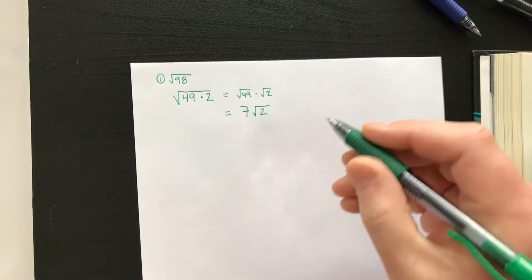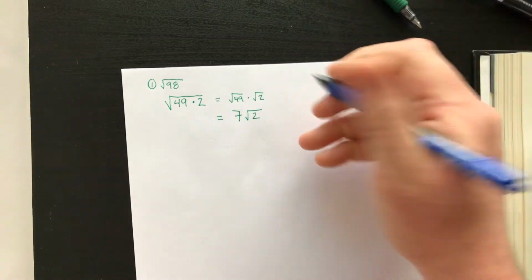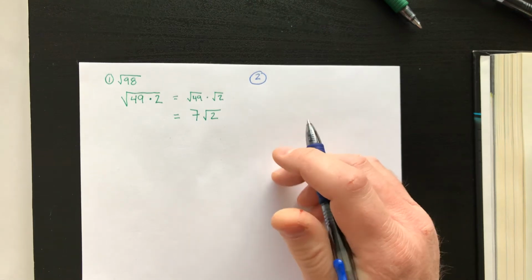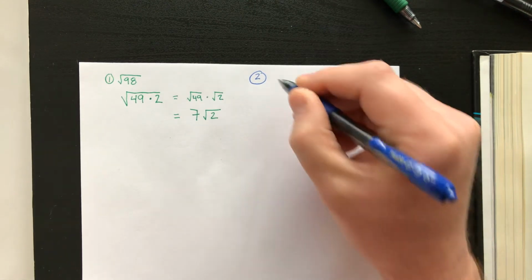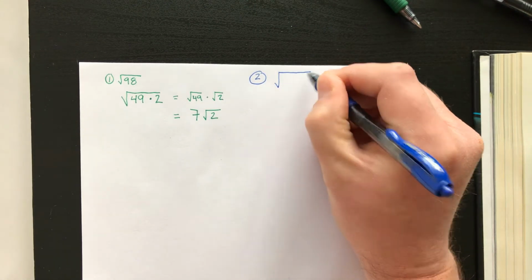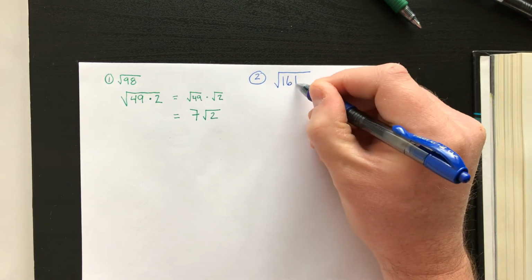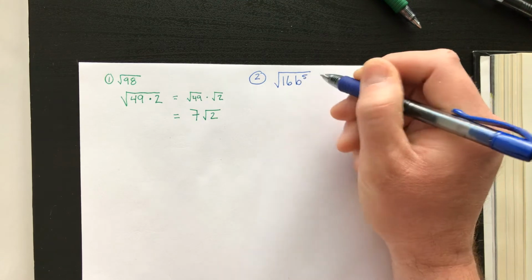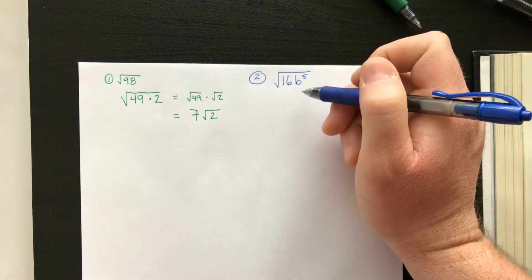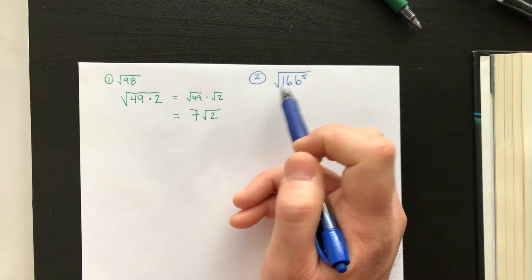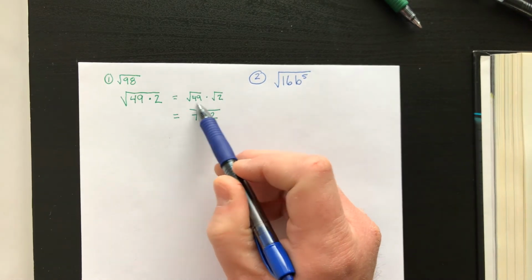Number 2. Number 2 says the square root of 16b to the 5th. Now, just like this problem over here, I'm going to break up my square root into something that looks more like this.